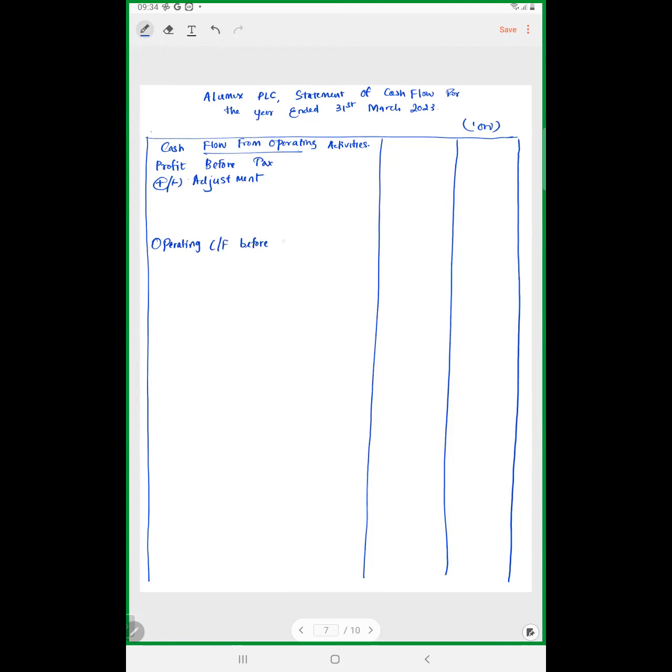Operating cash flow before working capital. Just one.